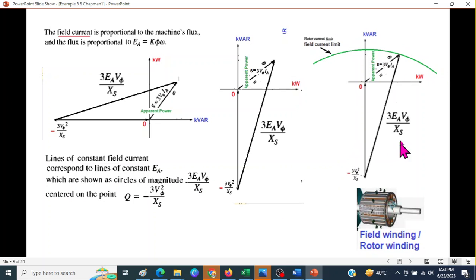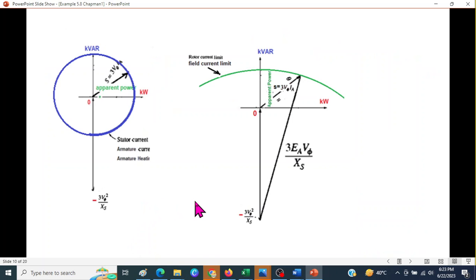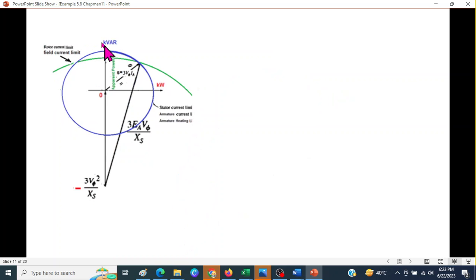So this circle is of this magnitude, and its origin is at minus 3V² over Xs. So we have got two circles. One is for the armature current and the other is for the field current. And now we can combine them, keeping the origin the same at both places. So the combined circle will now look like this.